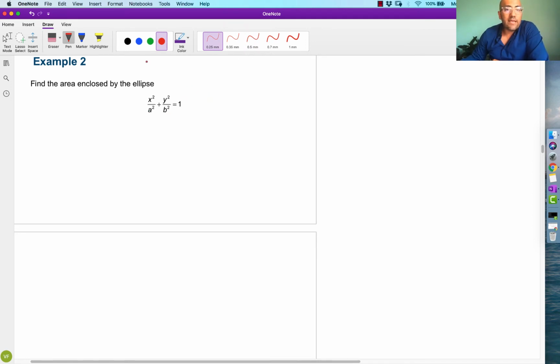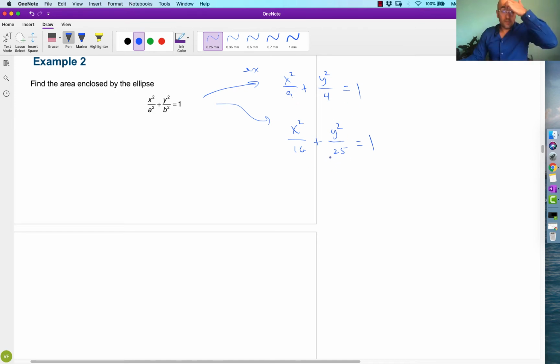So this, for example, could be x squared over 9 plus y squared over 4 equals 1. Or it could be x squared over 16 plus y squared over 25 equals 1. And of course, they don't have to be whole number constants, but that just makes it easy to do.